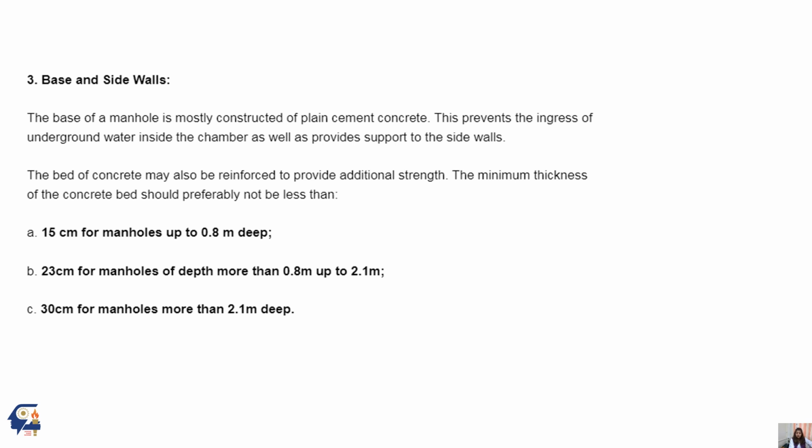The bed of this concrete may also be reinforced to provide additional strength, and the thickness of the concrete bed will be not less than 15 centimeters for manholes up to 0.8 meters deep, 23 centimeters for manholes of depth more than 0.8 meters to 2.1 meters. Then we have 30 centimeters for manholes more than 2.1 meters deep. So this is about the base and the side walls.